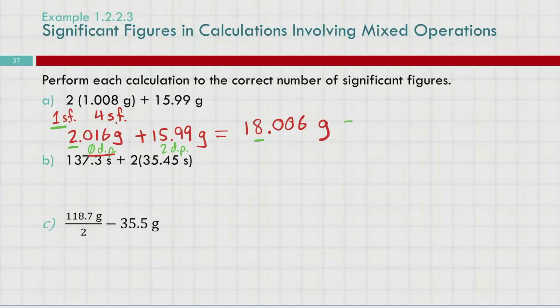So this would round to 18 grams. Are we seeing how this could be confusing? Once we get some practice, once you learn the rules of the game, it won't be confusing. Hopefully we can learn the rules. Questions about that example?